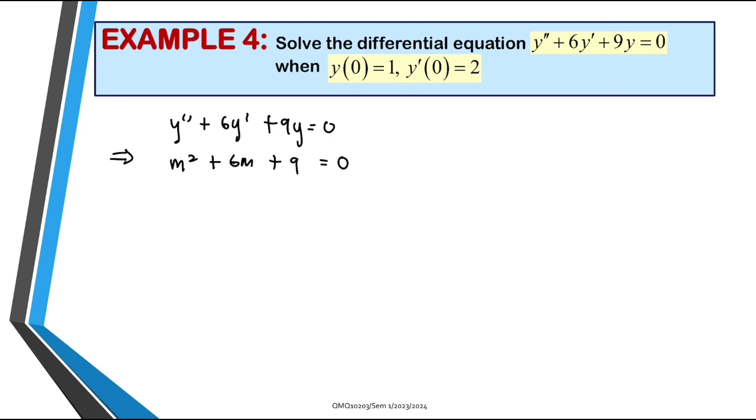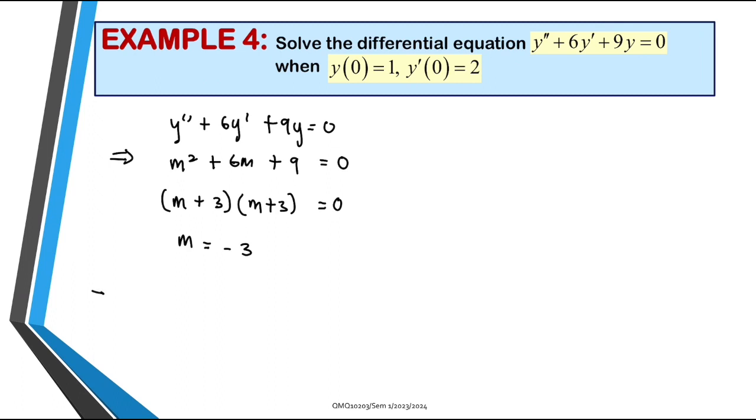And then factorizing this equation, we get (m plus 3) multiplied by (m plus 3) equal to 0. So we have m equal to minus 3.